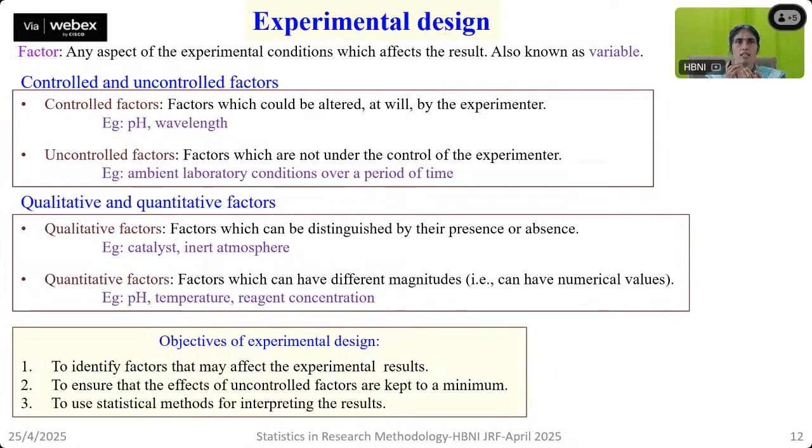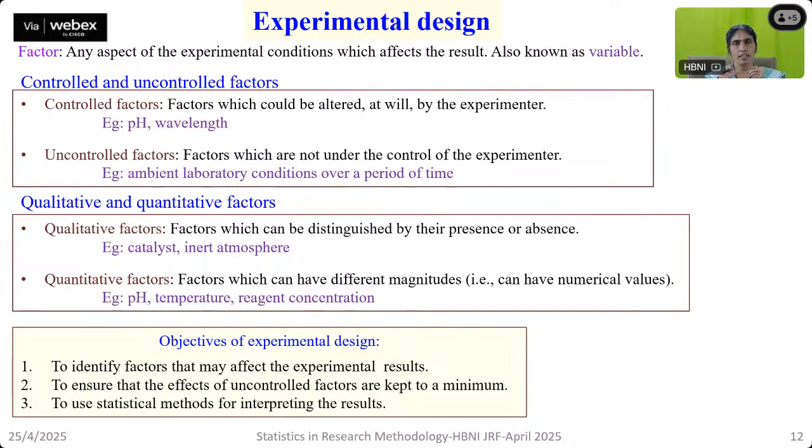Those things we can try to gather information about from literature or previous experimentalists. Otherwise, maybe some theoretical modeling you can do. And the idea of all experimental design is to reduce the effects of uncontrolled factors to a minimum.